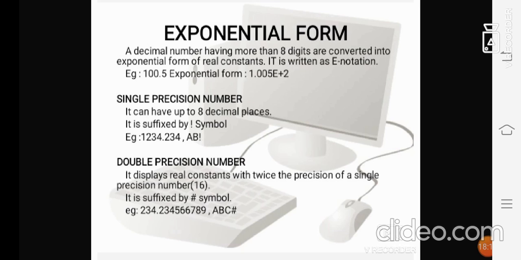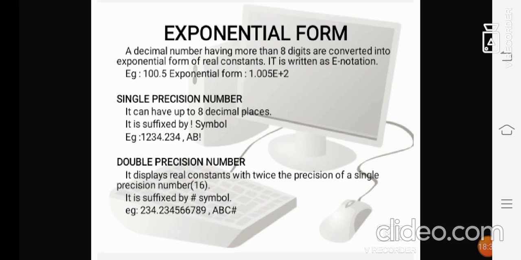What does exponential form mean? A decimal value having more than 8 digits is converted into exponential form of real constants. In computer programming, the exponential form is written in E notation.